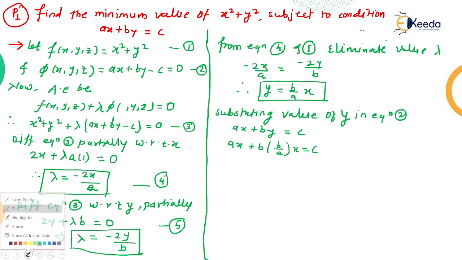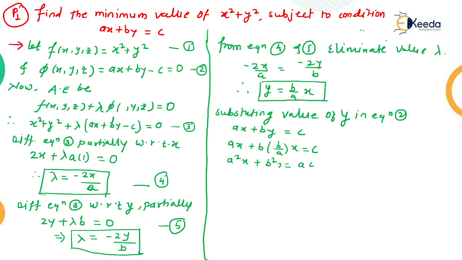So the value of y is b by a into x. After simplifying, if we multiply by a on both sides, we get a square into x plus b square x, the a and a cancel, and that is equal to ac. Means a square x plus b square x equal to ac.